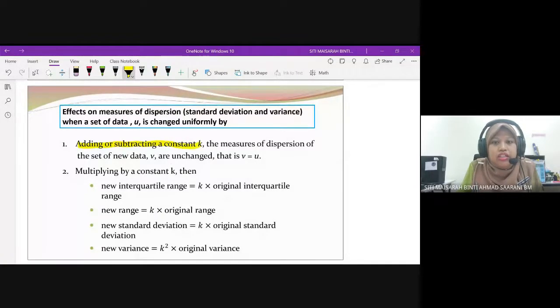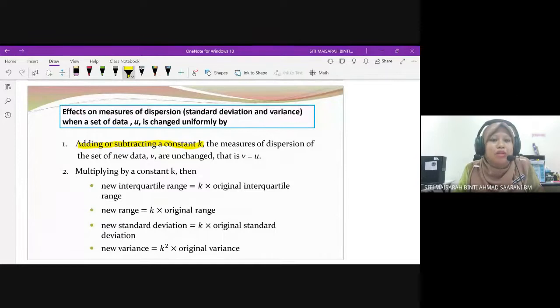kalau kita ada data, contoh 1, 2, 3, 4, 5 data kita. And then setiap data tu kita tambahkan 1. So kalau 1, 2, 3, kalau setiap satu kita tambah dia akan jadi 2, 3, 4. Dia akan bertambah secara uniform lah, maksudnya secara seragam.